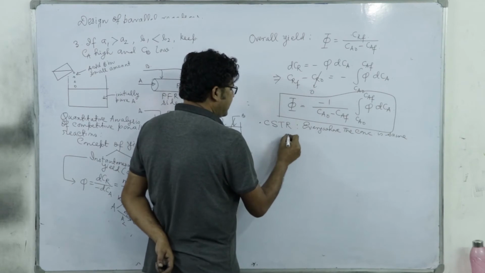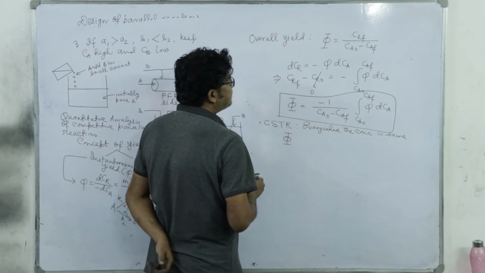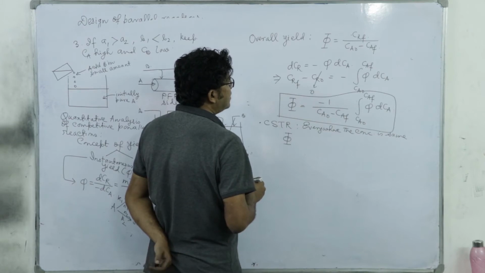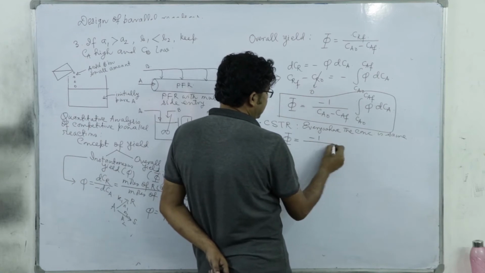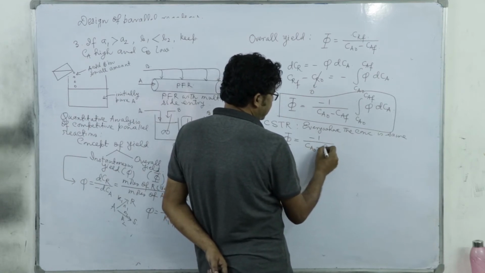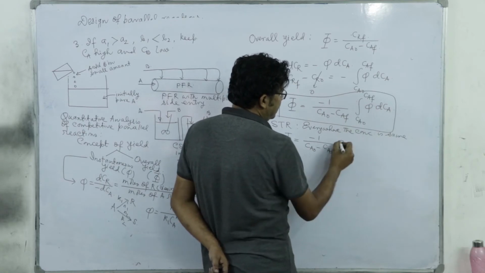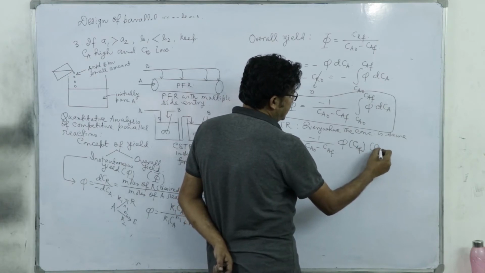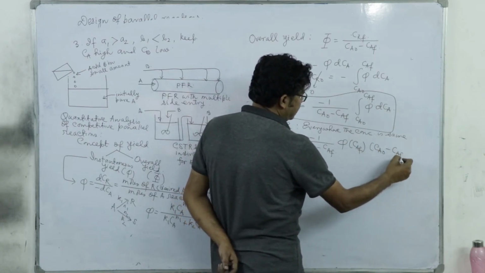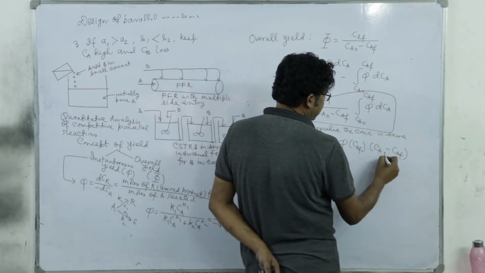So phi overall is equal to minus 1 divided by Ca0 minus Caf, and this phi is simply constant because it is to be evaluated at Caf, multiplied by Caf minus Ca0.